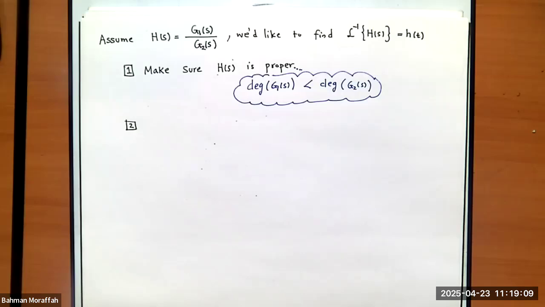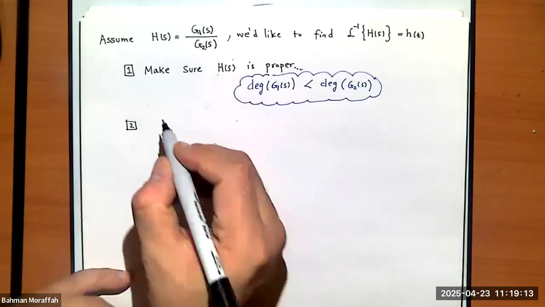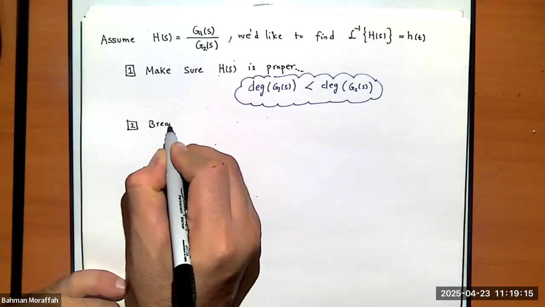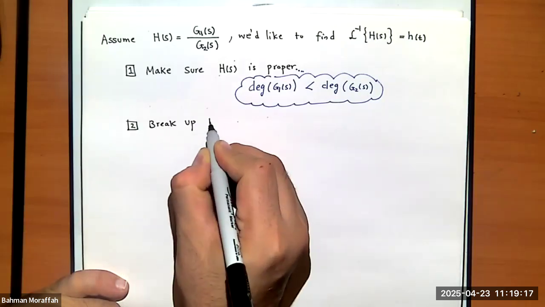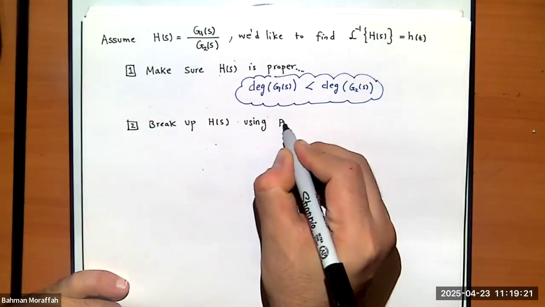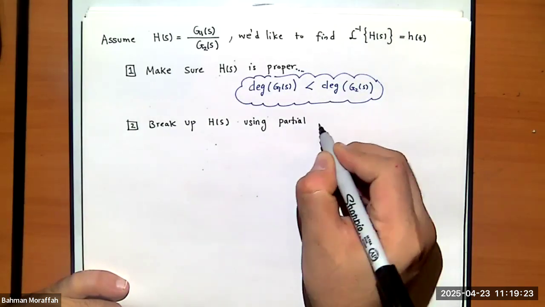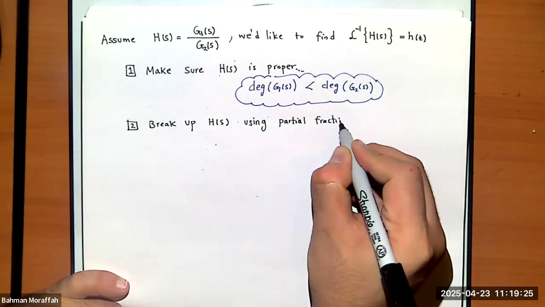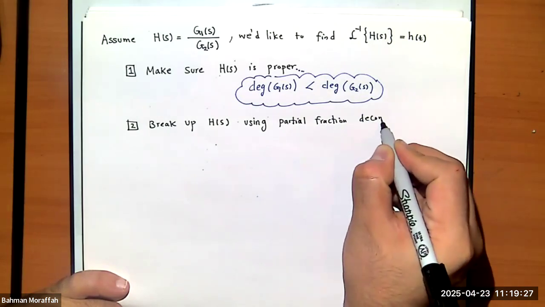It's called partial fraction decomposition. So the idea is to break up H of s using partial fraction decomposition.